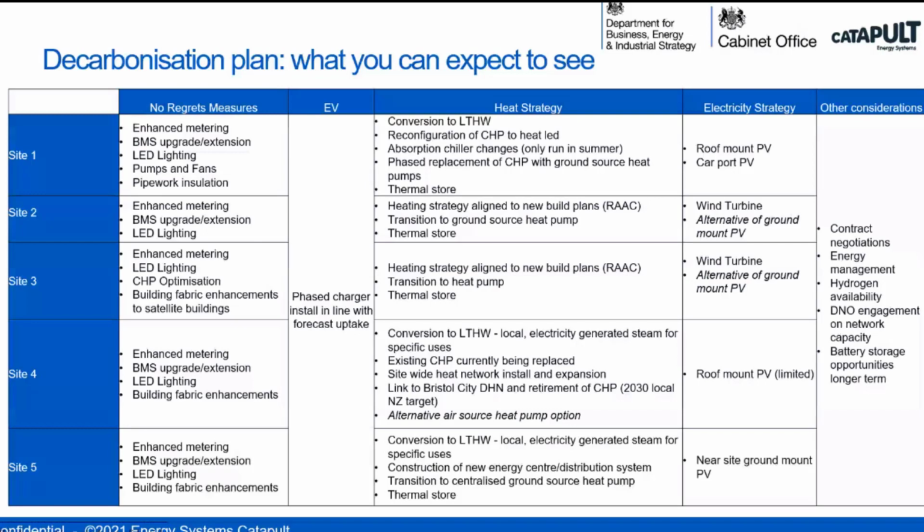In all of the sites, we've developed an electrical strategy. The electrical strategy needs to be aligned to the heat strategy, particularly if decarbonisation of heat involves any electrification. All of the sites had a large projected increase in EV charging requirements. We're working with a lot of public sector sites like hospitals, MOD sites, etc. that have lots of vehicles being used on site, and passenger cars that will electrify.